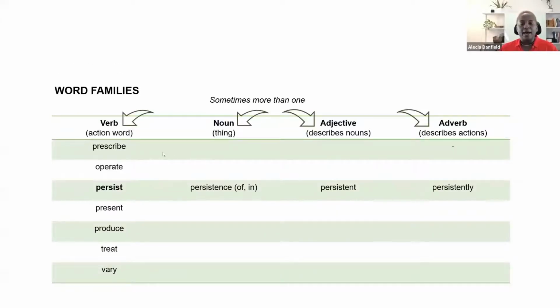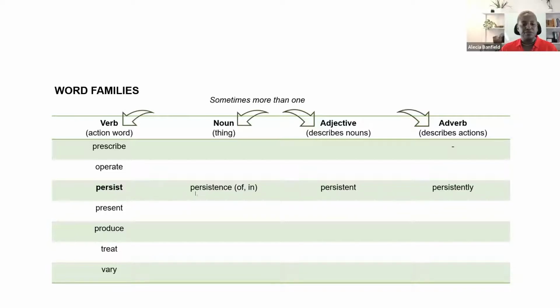So here we have a group of words, some roots that we're going to use to build families. Prescribe, operate, persist, present, produce, treat, and vary. And we have already here built the word family for persist.